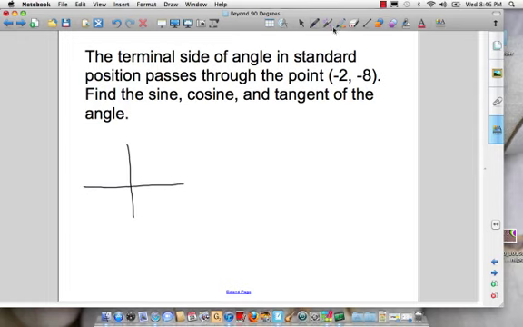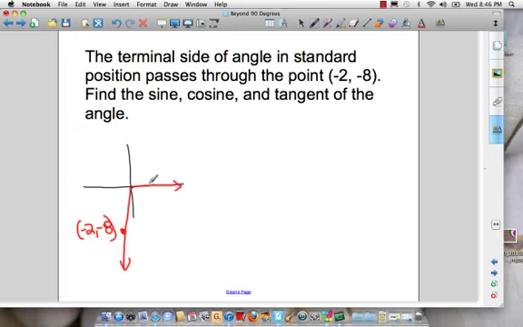So we have an angle, let me draw the angle in red so it stands out, in standard position, which means it starts here and its terminal side goes through the point -2, -8, which might be down here somewhere. So that's -2, -8.